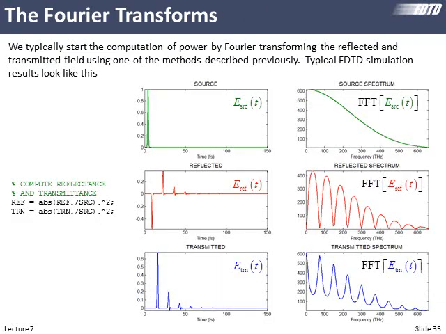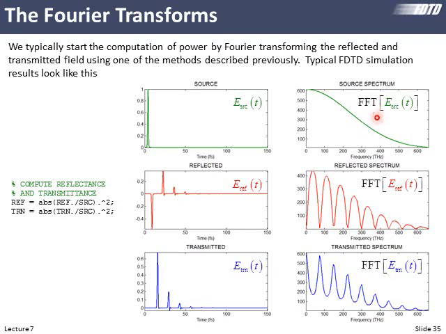So how do we do this? Well, the first thing is we calculate our basic Fourier transforms. Remember, in our MATLAB code just a few slides ago, we had 3 Fourier transforms happening. We had our transmitted field on the far right side of the grid, our reflected at the far left side of the grid, and we are also Fourier transforming our source.